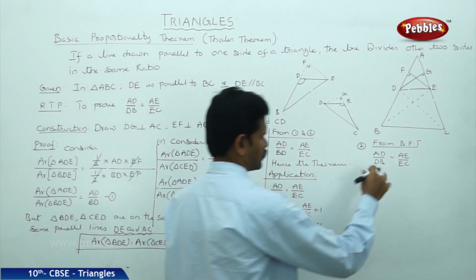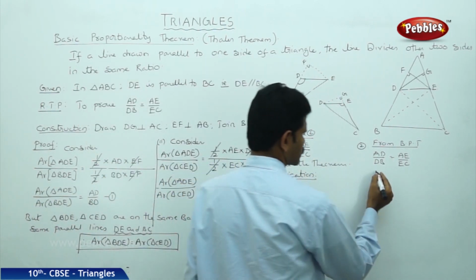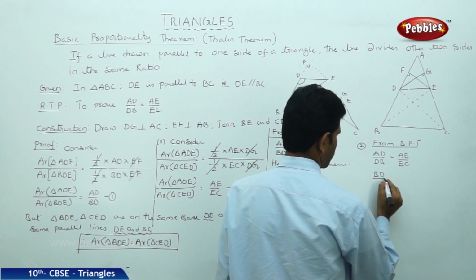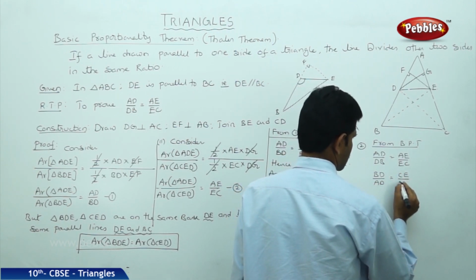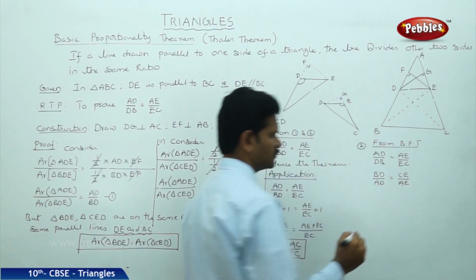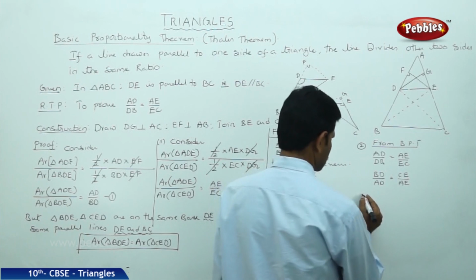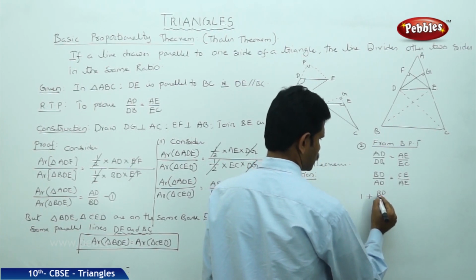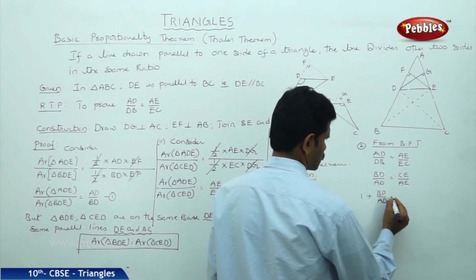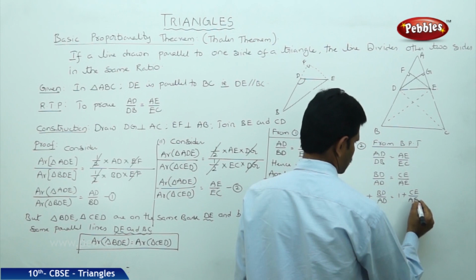Please take the reciprocal of this, which becomes BD by AD is equal to CE by AE. Now, adding 1 to both sides, 1 plus BD by AD is equal to 1 plus CE by AE.